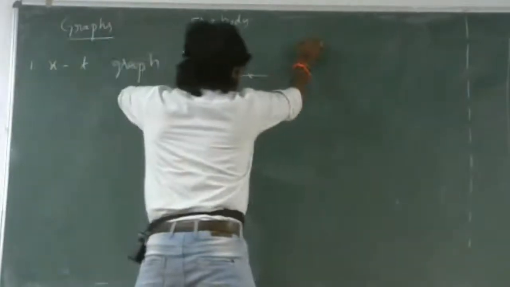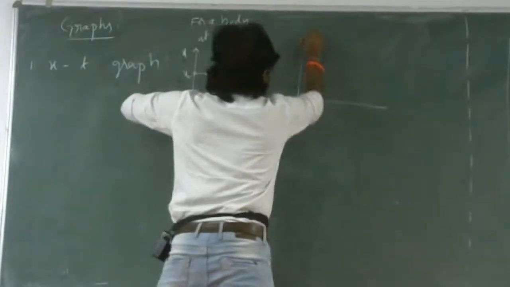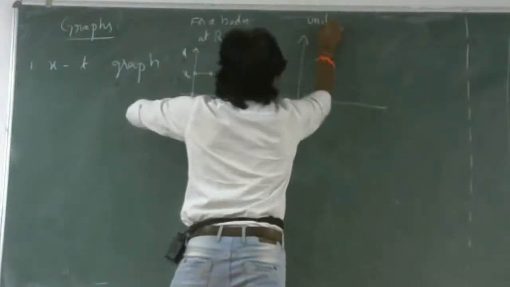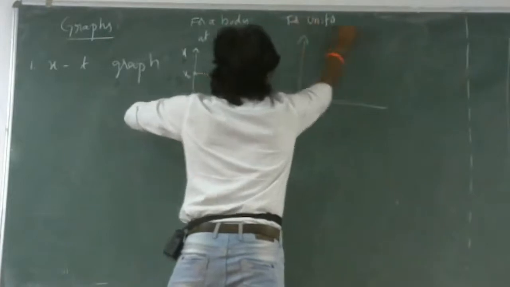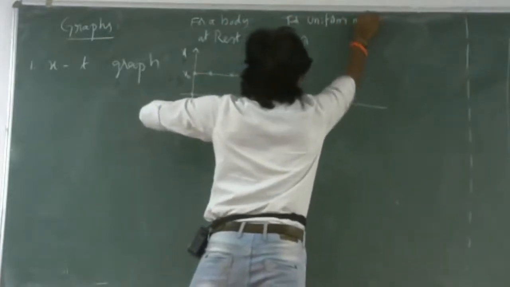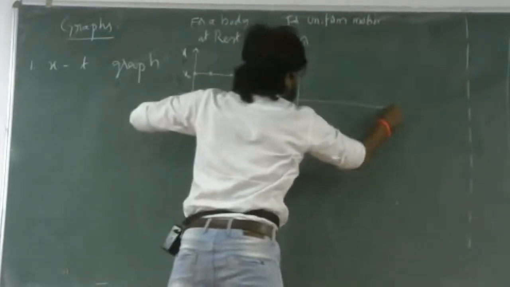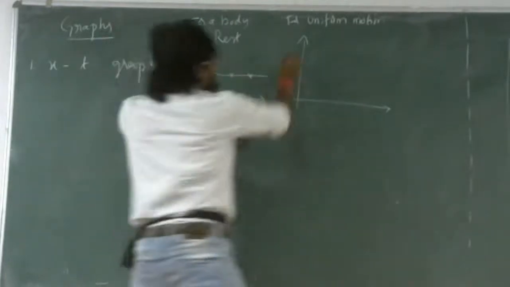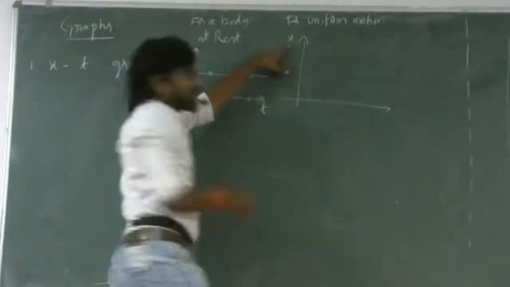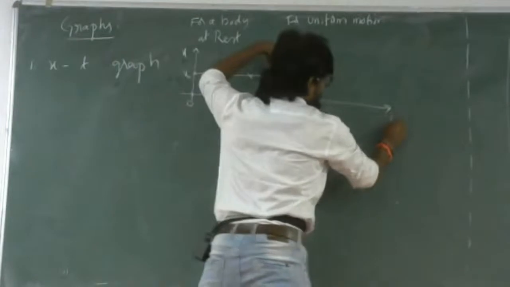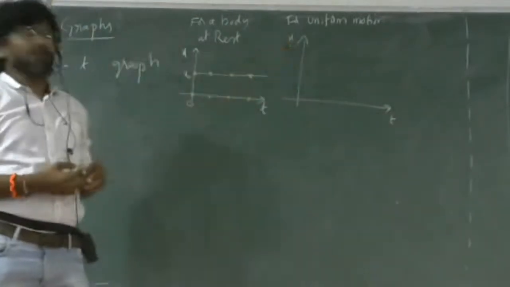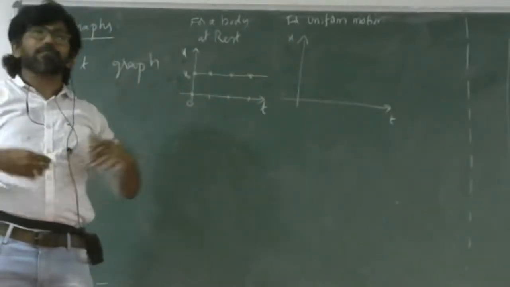Whereas the position time graph for uniform motion is drawn by taking position on the y-axis and time on the x-axis. Uniform motion means the particle covers equal distances in equal intervals of time.